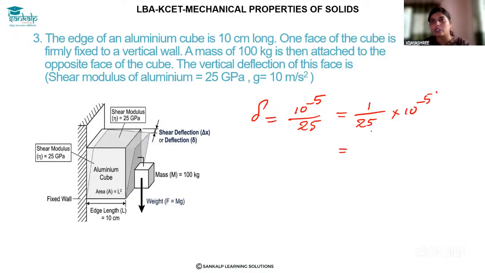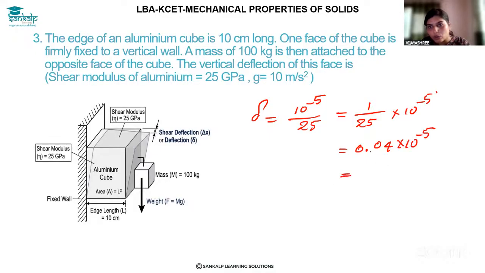So how much is 1 by 25? It is 0.04. 1 divided by 25 is 0.04, so 0.04 into 10 to the power minus 5.